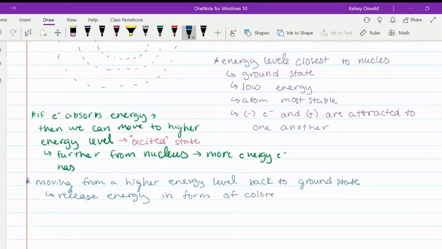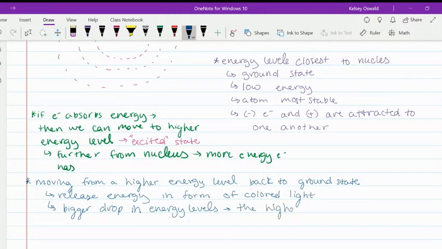The different colors that we saw in our lab yesterday corresponded to the different energy levels that our electron was popping between. So we can predict that the bigger the drop in energy levels, the more energy we will release.